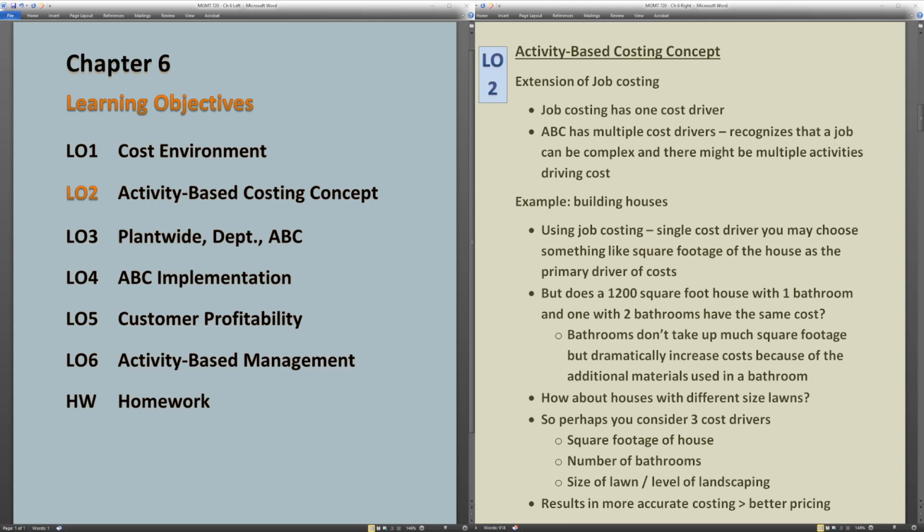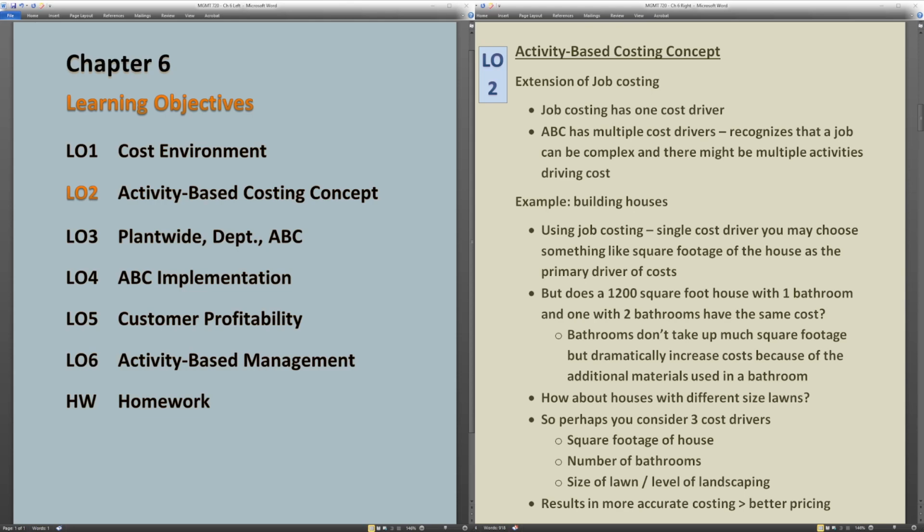All ABC has said is, well, rather than base it on one type of cost driver, whether it's machine hours or labor hours or some other thing, ABC recognizes that a lot of production is more complex than that. More things are driving it than just one reliable cost driver. So ABC has multiple cost drivers.